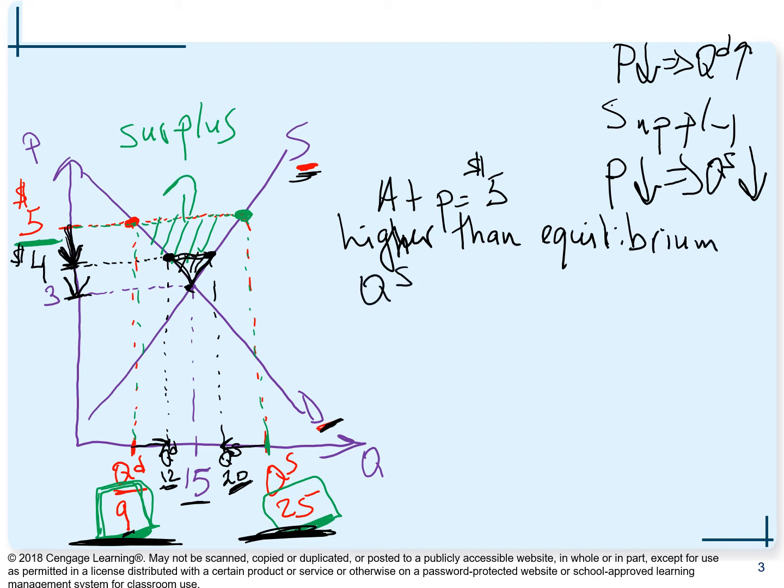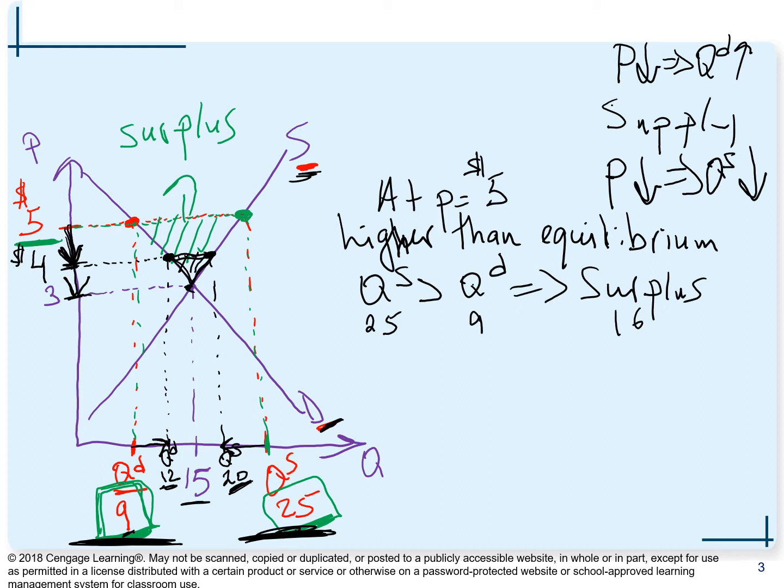Our quantity supplied is greater than quantity demanded, and therefore we have a surplus. So our quantity supplied was 25. I'm going to put quantity demanded was 9. So therefore we had a surplus of 16 units.